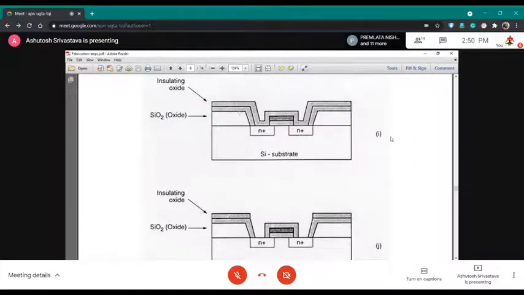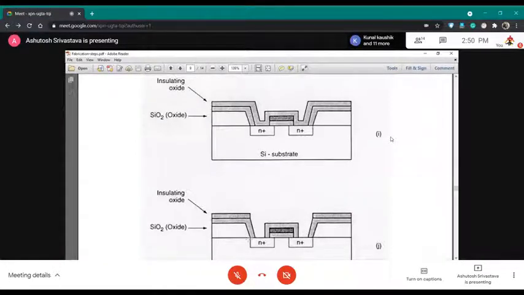So again, you deposit another layer, other insulating layer over the thicker silicon dioxide to make the structure more robust, and you further isolate the polysilicon gate and silicon dioxide insulator with the rest of the active region.